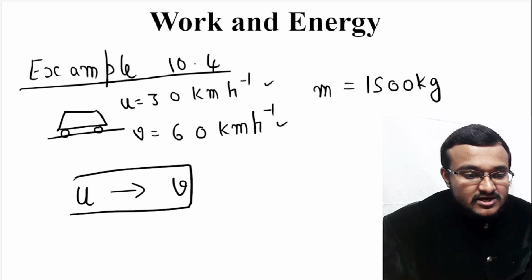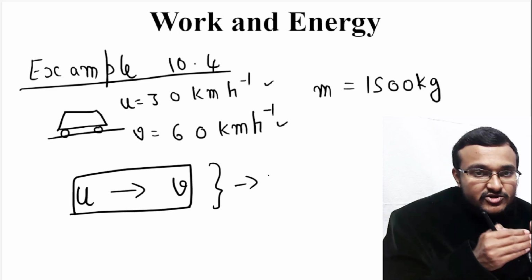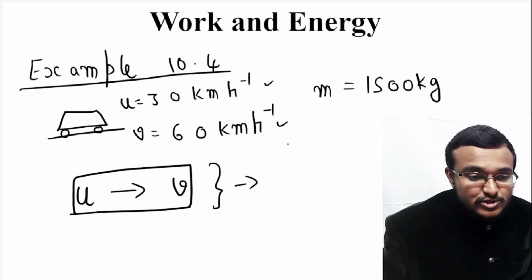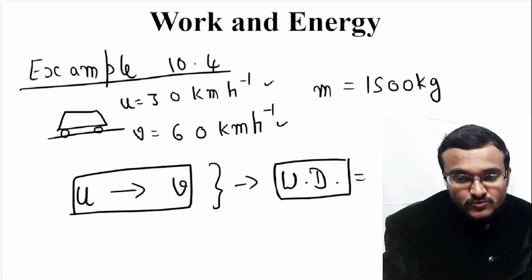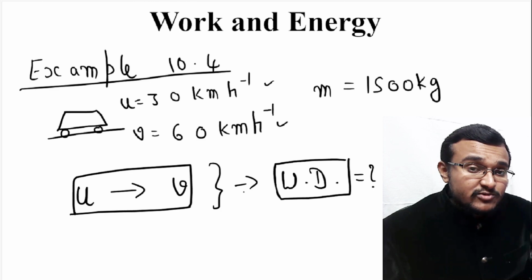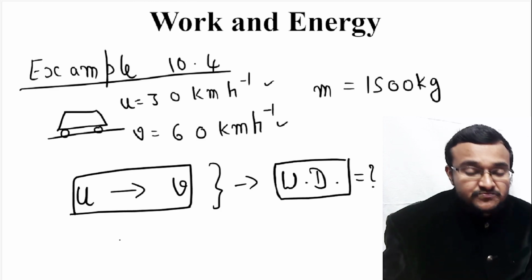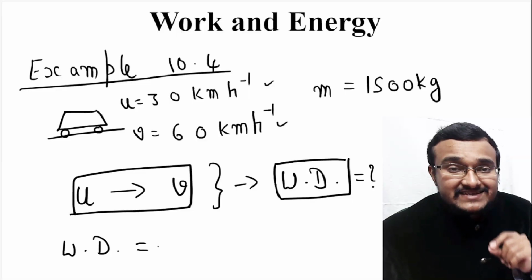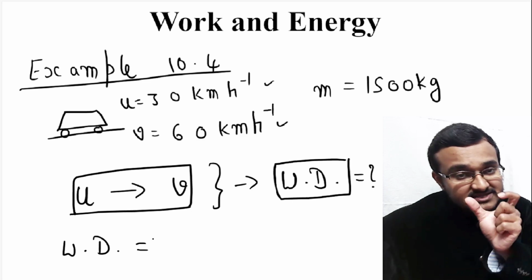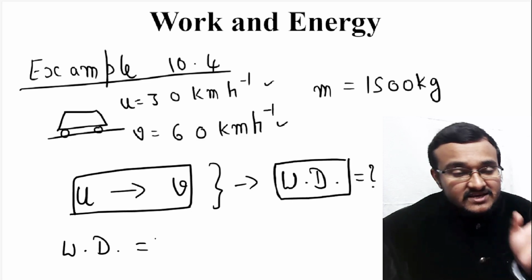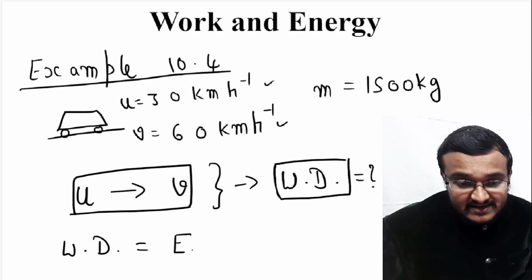So in this process, what is the work done? In this process of increasing speed from u to v, that is from 30 km per hour to 60 km per hour, what is the work done? You have to calculate here. In the video where I explained kinetic energy, I explained how work done is equal to the difference in kinetic energy. According to that, work done is equal to the final kinetic energy minus the initial kinetic energy.